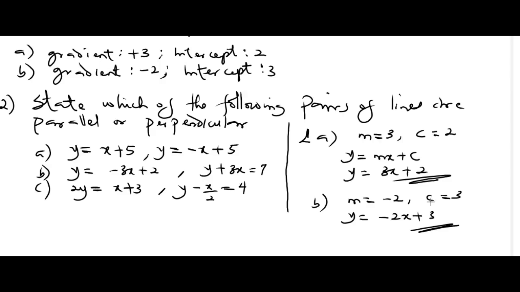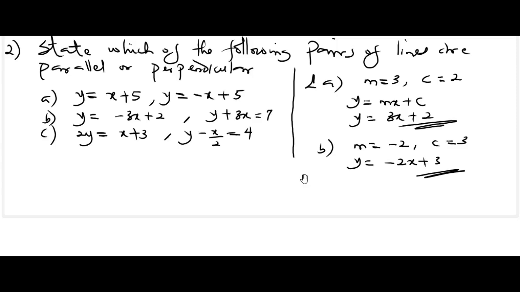So question 2. We are told to state which of the following pairs of lines are parallel or perpendicular. Before we can tell whether they are parallel or perpendicular, we need to compare their slopes.